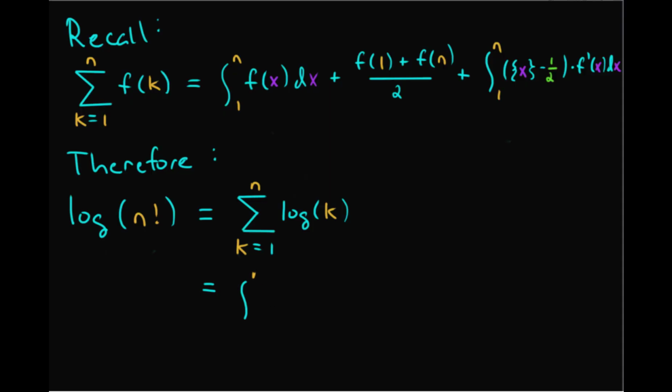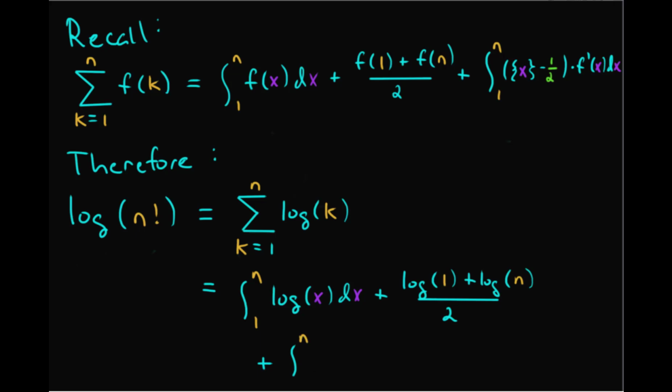And now if we want to apply it to our particular problem, we can plug in logarithm of x for f of x. And when we do that, we'll have that the log of n factorial equals the sum from k equals 1 to n of the logarithm of k, which equals the integral from 1 to n of log of x dx plus log of 1 plus log of n all over 2, plus the integral from 1 to n of the quantity fractional part of x minus 1/2 times the derivative of the logarithm, which is 1 over x, dx.